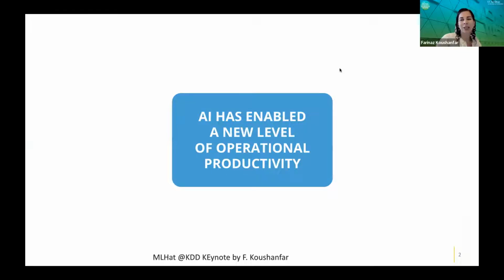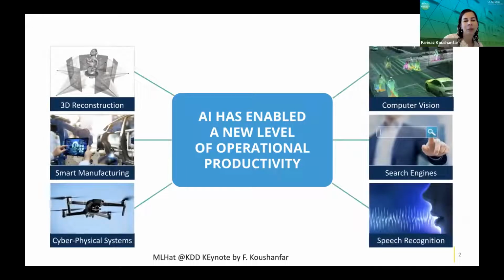I guess it's not great news to everyone that AI has enabled a new level of operational productivity. This is rightfully called the automation revolution. Several of the applications that we see around us are impacted by this revolution.